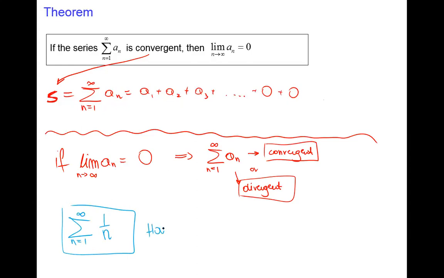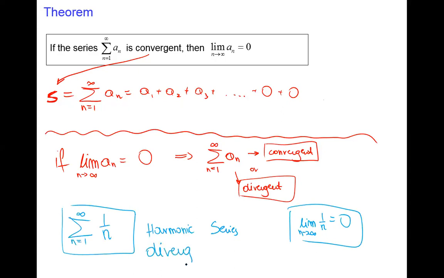I can write harmonic series. That's what I said. It's really important, because let's look at the limit of the sequence, which is 1 over 1, 1 over 2, 1 over 3, 4, 5, 6. It's definitely 0, but the series is divergent.